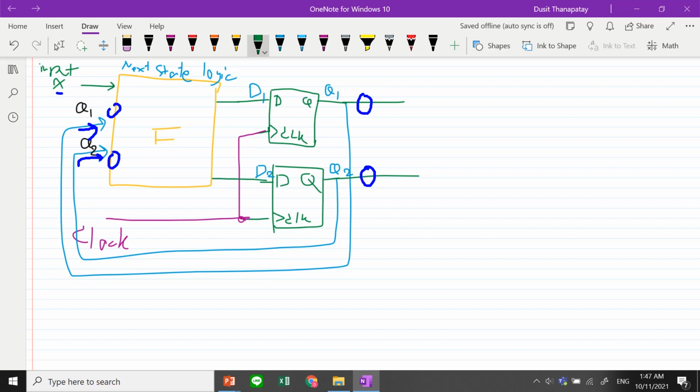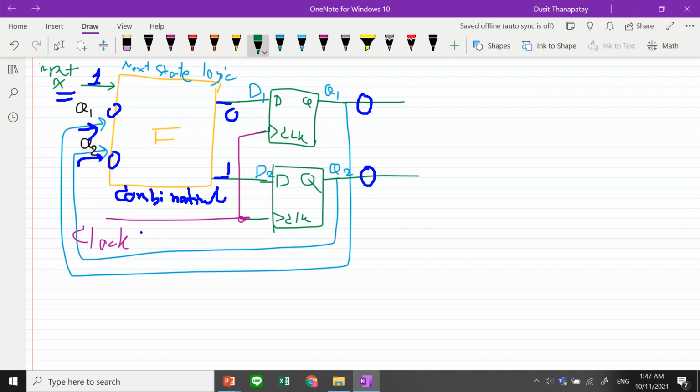And maybe I apply input X as 1, and circuit F is actually just a combinational circuit, with maybe AND gate, OR gate, or inverter inside. Okay, and this circuit will produce some output. Okay, maybe 0, 1.